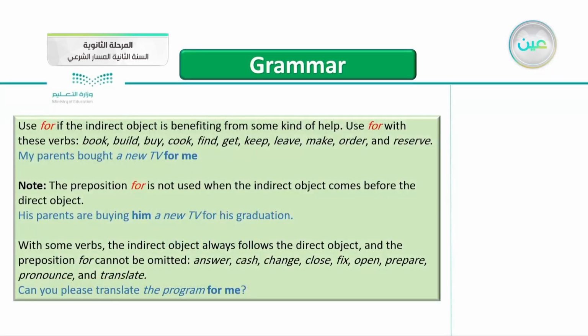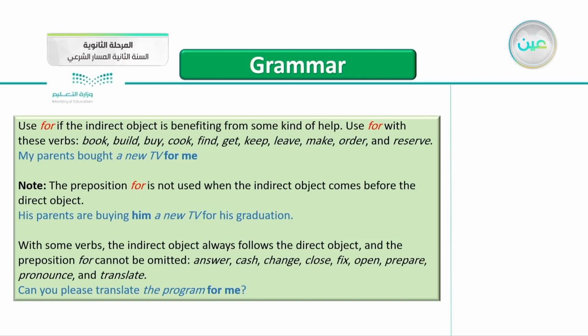We use "for" if the indirect object is benefiting from some kind of help, as Adil did. Again, we use "for" if the indirect object is benefiting from some kind of help. We use "for" with these verbs: book, build, buy, cook, find, get, keep, leave, make, order, and reserve.